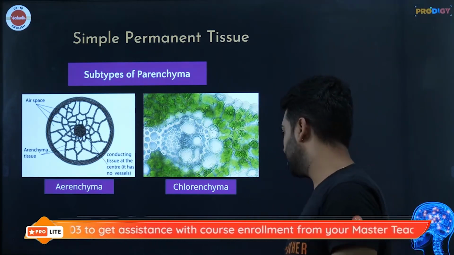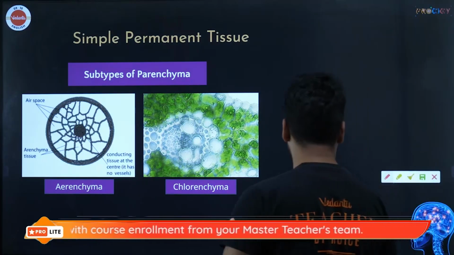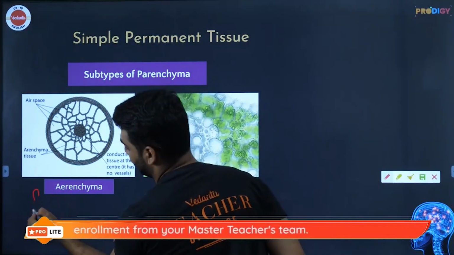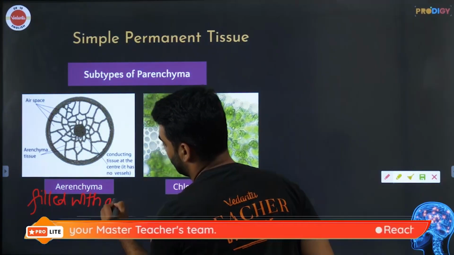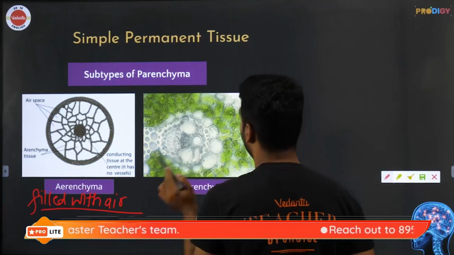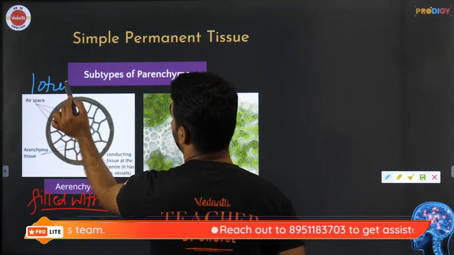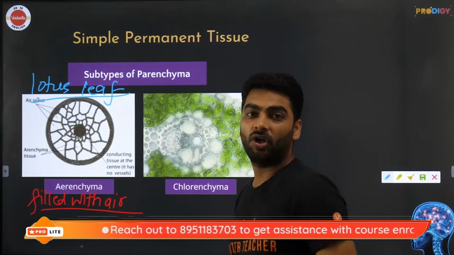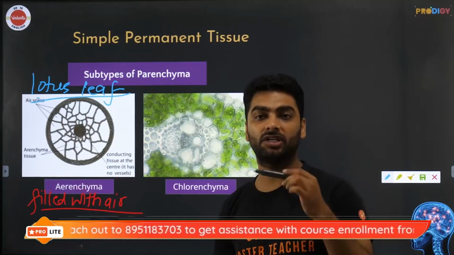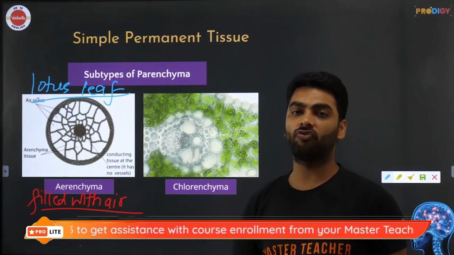Aerenchyma are the ones which are filled with air, and you can find them in the lotus leaf. The reason why the lotus leaf floats on water is because it has got aerenchyma tissues. They are filled with air and they keep the leaf floating on water.